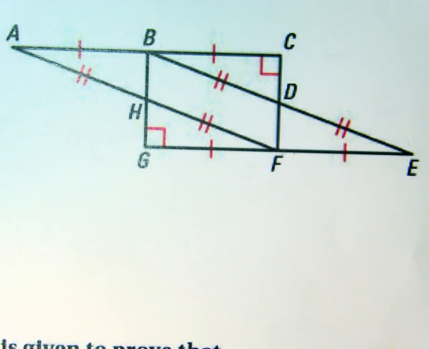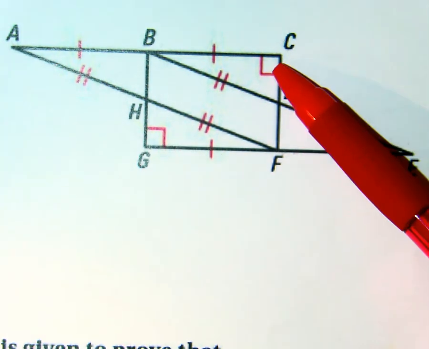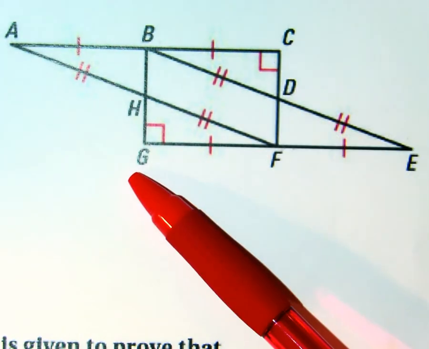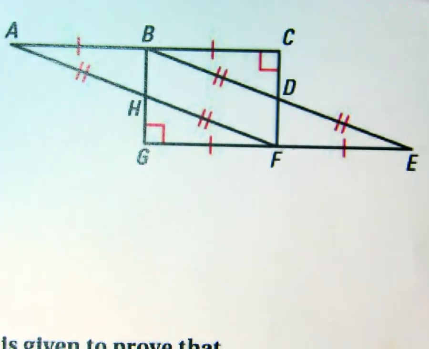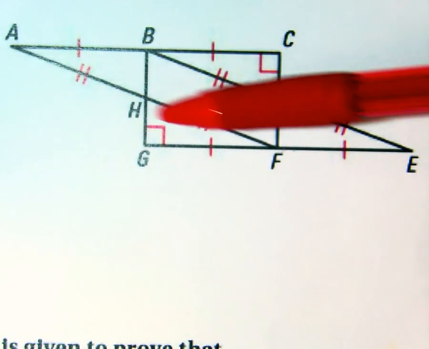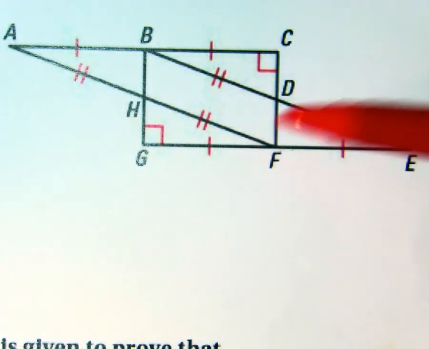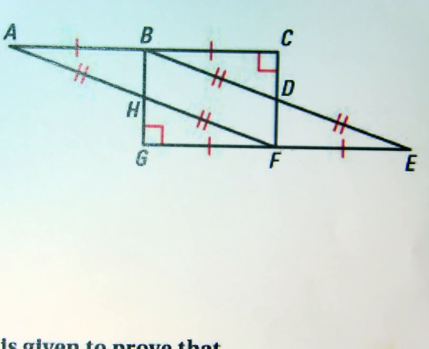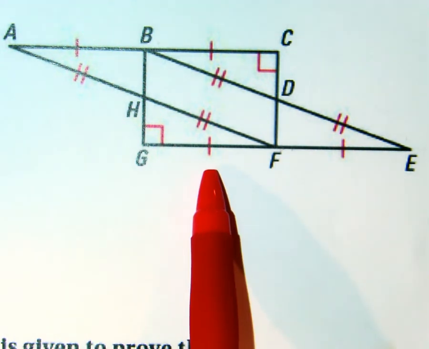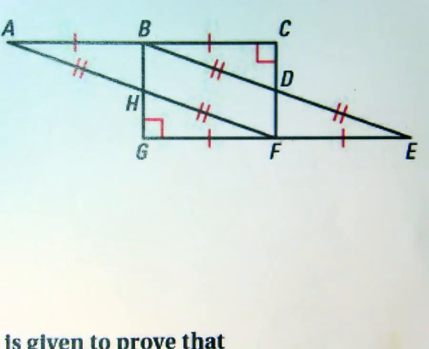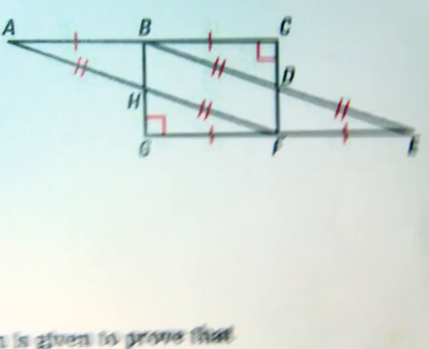It's hypotenuse leg. You notice that they are both right triangles at C and at G, and then we have 2 marks in 2, 2 and 2, so we know that the hypotenuse of each is congruent, and the leg that we have is this one here on the top and the bottom. One mark each section, 1 mark each section, so the legs there are congruent. It's hypotenuse leg. They are congruent by that.